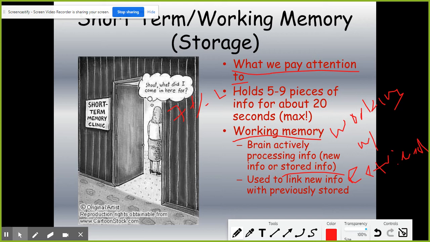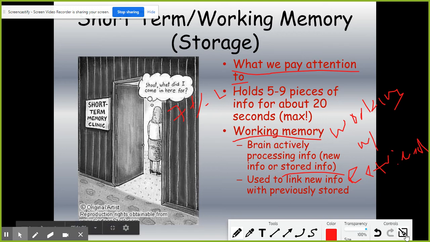Short-term memory is very, very susceptible to interference. We can be thinking about one thing and then have something distract us, and that can completely get rid of the memory of what we were thinking about before.